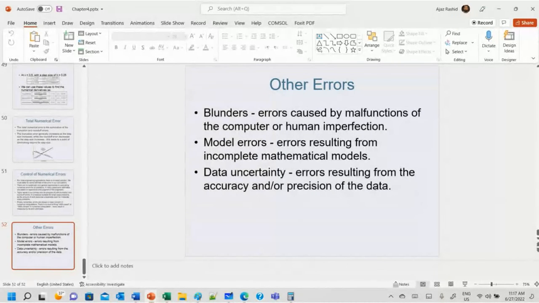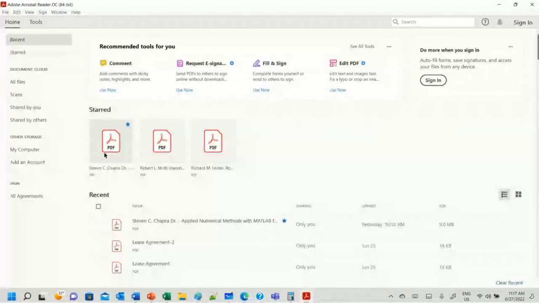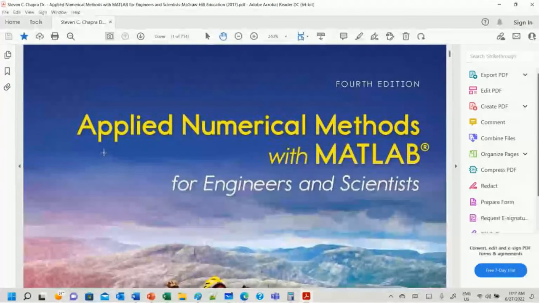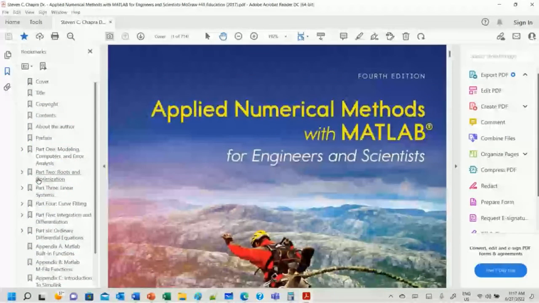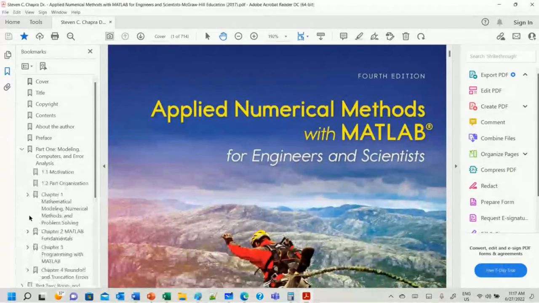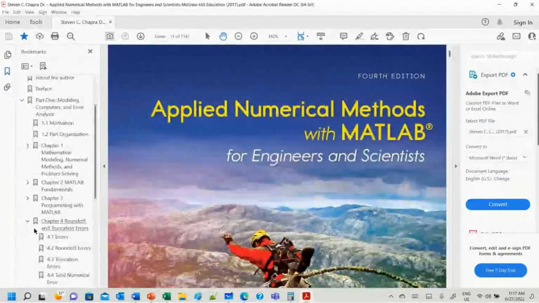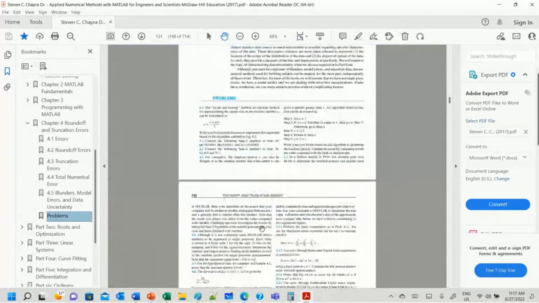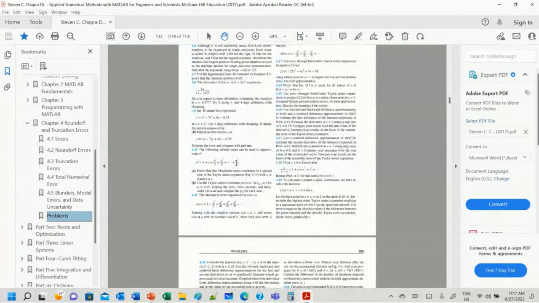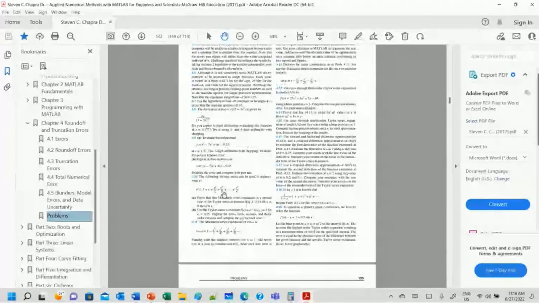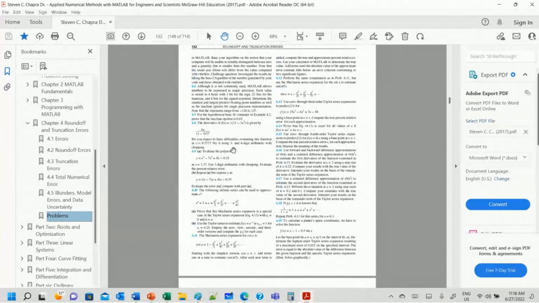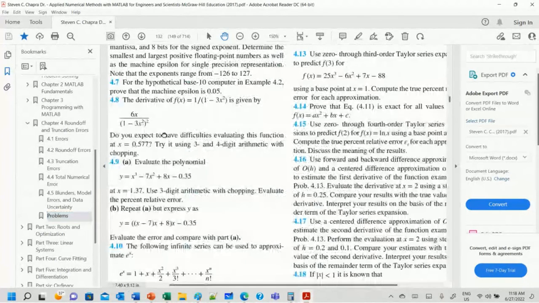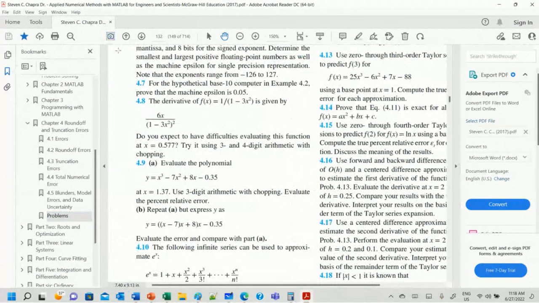Let us go to the problems and try to take some problem from the book. We have taken 4.11 in the previous lecture. I'll go to problem 4.8.